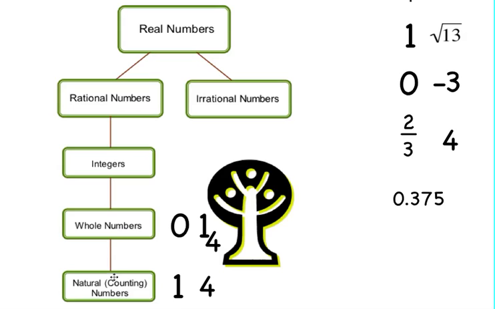Integers are natural counting numbers, which include 1 and 4, whole numbers, which include 0, and they include the positive or negative whole numbers.